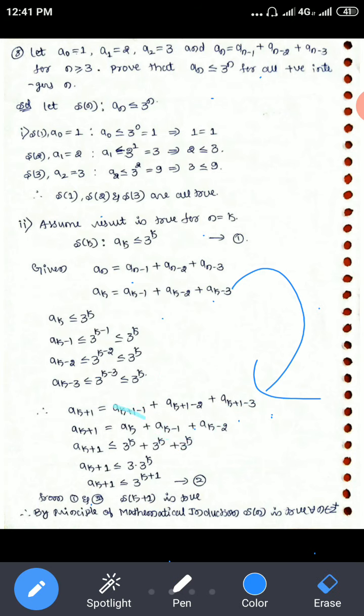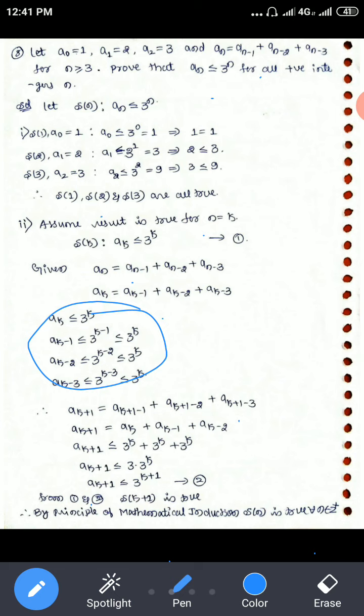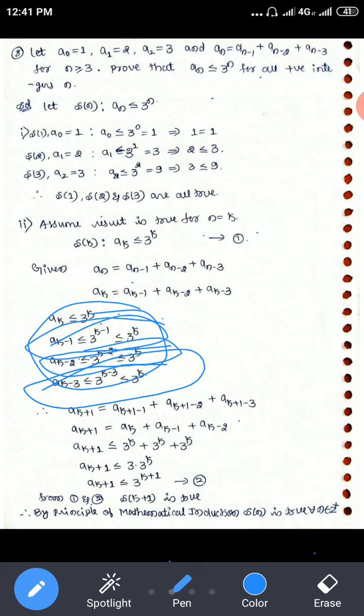After all this, you take help of this. What is proved here in equation 1? ak is less than or equal to 3^k. Similarly, ak-1 is less than or equal to 3^(k-1), which is less than or equal to 3^k according to inequalities. Ak-2 is also less than or equal to 3^k. Ak-3 is also less than or equal to 3^k.